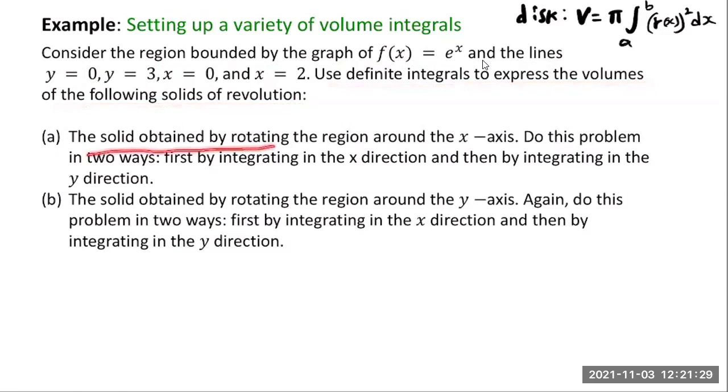The solid obtained by rotating the region around the x-axis. Do this problem in two ways: by integrating in the x direction and then by integrating in the y direction. First of all, let's try to identify this solid that you obtain by rotating this given region about the x-axis. Part A.